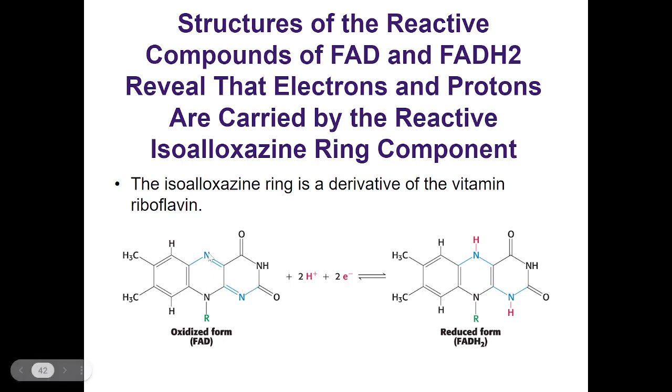And you notice, why is it the oxidized form? What if we did not have hydrogens on it? One of the ways of keeping track of the oxidized and reduced form in biochemistry is to look at the number of hydrogens on it. If you gain hydrogens, you've been reduced.